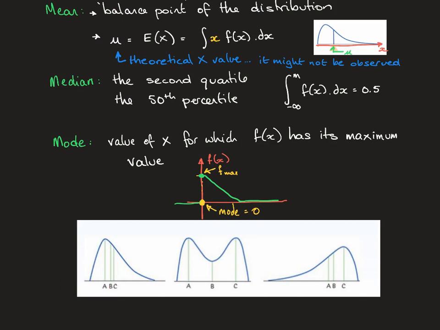The median is where half of the data, or half of the area, is to the left and half is to the right. And the mode is the x value underneath the highest point. I'll give you a heads up, sometimes one of the letters is more than one of those three things. Press pause, have a go, and then check your answers.